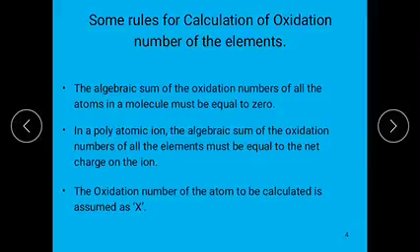In polyatomic ions, the sum of the oxidation states of the atoms in the ion is equal to the net charge on the ion. For the calculation, the oxidation number of the atom is assumed as X.